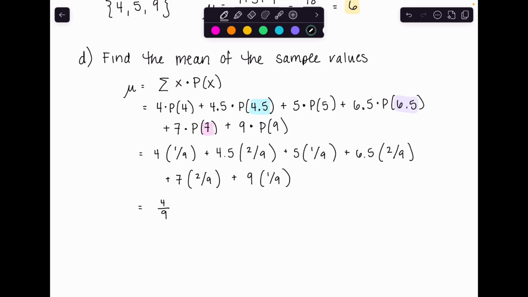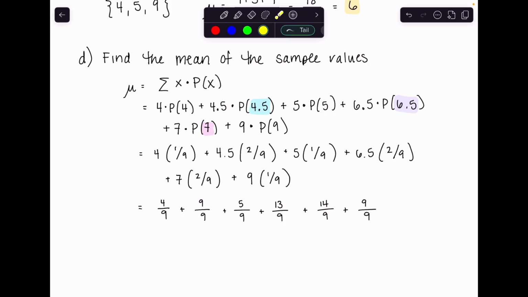And I'll make it look like a nicer fraction now. 4.5 times 2 gives us 9. So we get 9 over 9. 5 times 1 is 5. So that's 5 over 9. 6.5 times 2 is 13 over 9. 7 times 2 is 14. So 14 over 9. And 9 times 1 is 9 over 9.